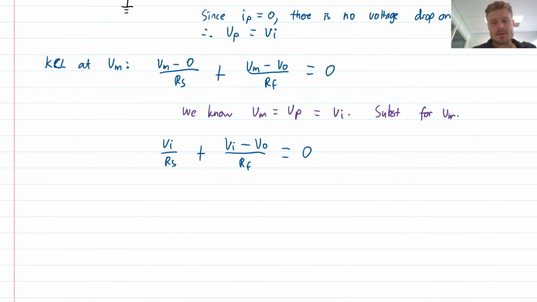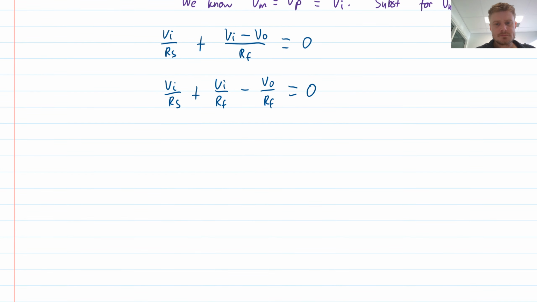I can simplify this equation a little bit. So the fraction here, because the minus is on the numerator, I can just split it up, and I will get Vi over Rs plus Vi over Rf minus Vout over Rf is equal to 0. So bringing the Vout to the other side, I will get Vi, which is multiplied by 1 on Rs plus 1 on Rf, is equal to Vout over Rf.